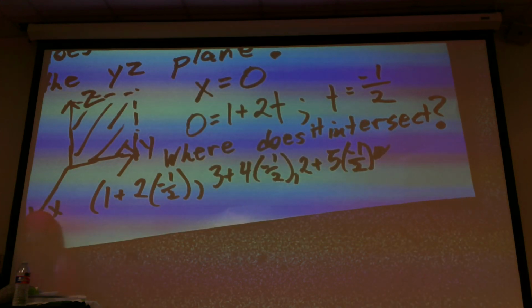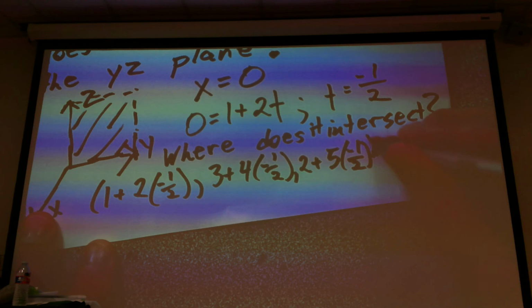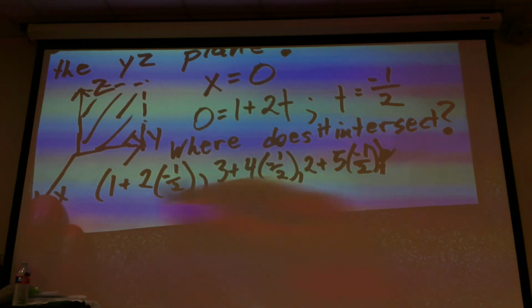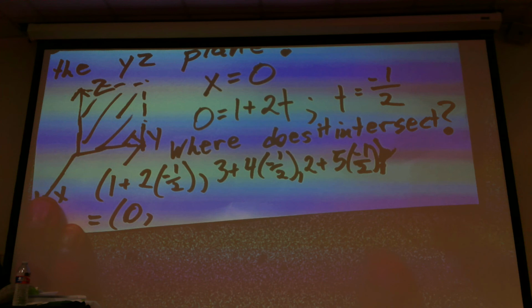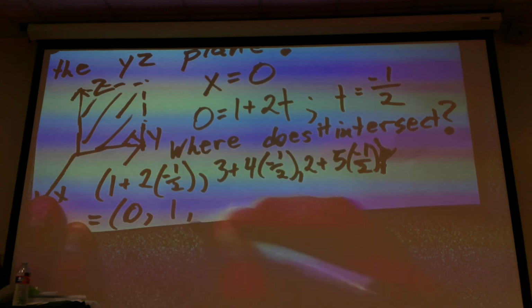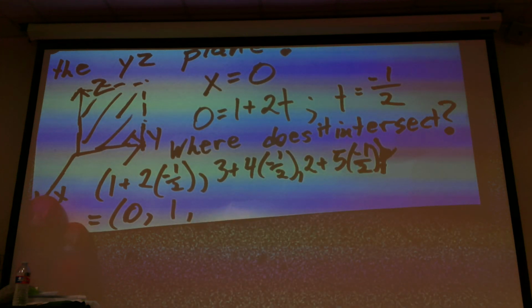Okay, so X is going to come out to being 0. Now 3 plus 4 times negative 1 divided by 2, that's the same thing as writing 3 plus negative 2, which is 1. Then the last one is 2 plus 5 times negative 1 divided by 2.